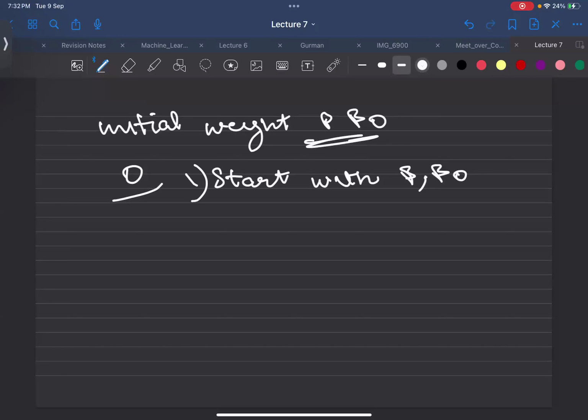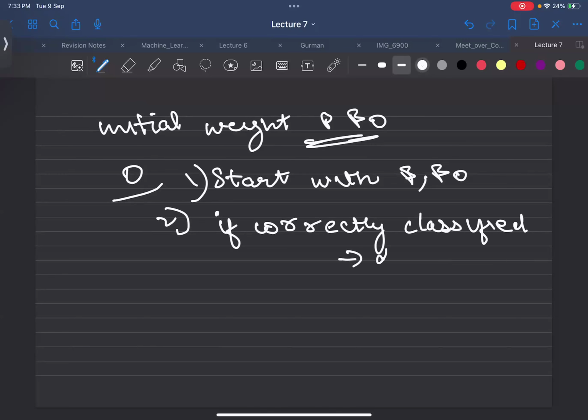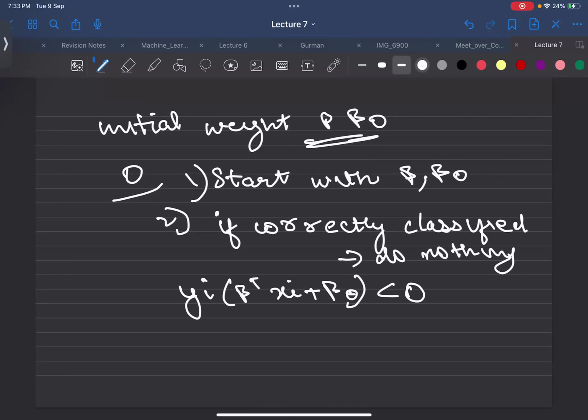I'll write it in layman language. For each training point (x, y), if they are correctly classified, I'll do nothing. That's what we learned. But if they are incorrectly classified, I'd update them.